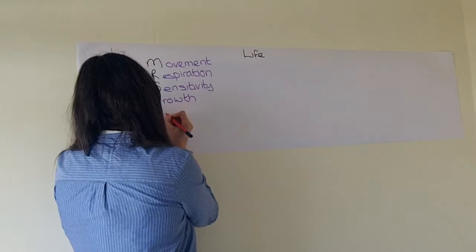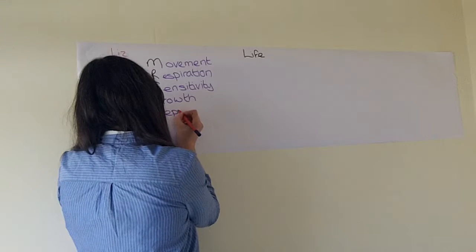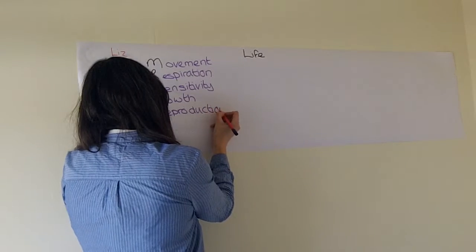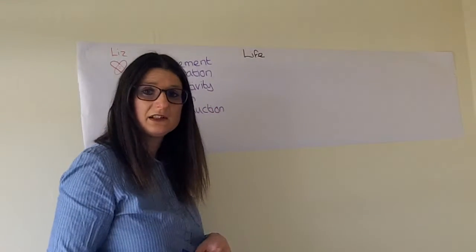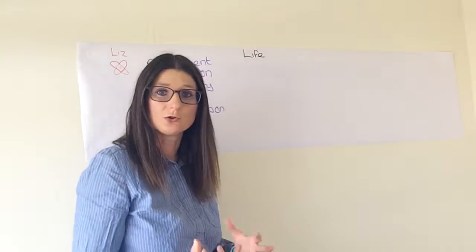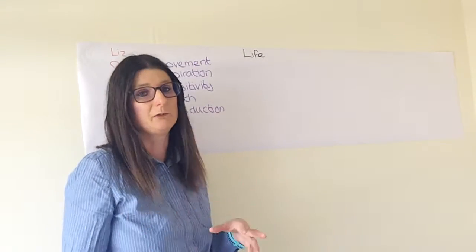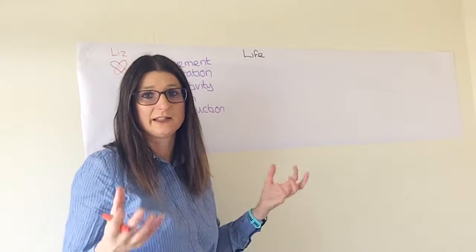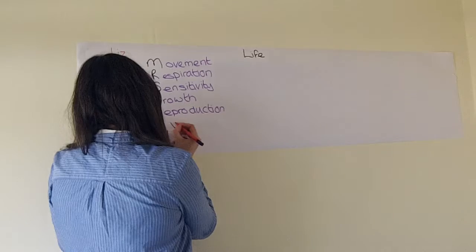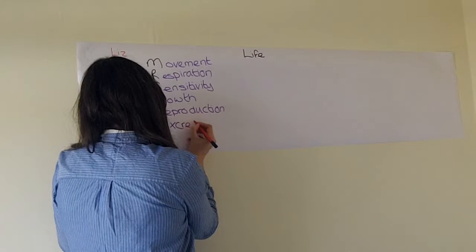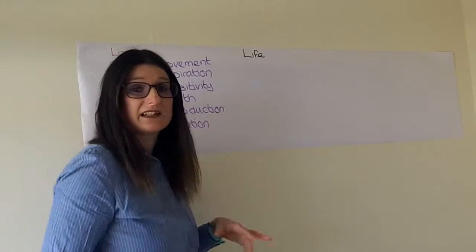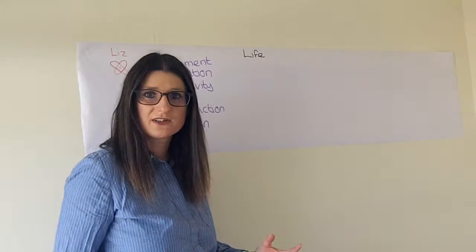The second R is reproduction. So this can be cellular reproduction as well as producing a whole new organism for more complex life like animals and plants. E is excretion. So this means getting rid of your waste products.